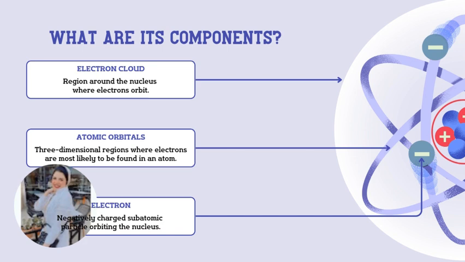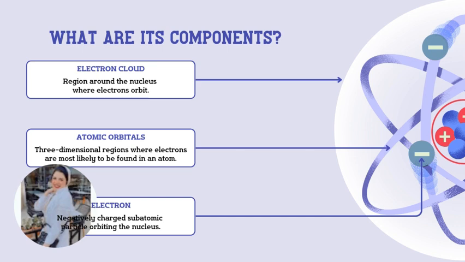Electrons have a negative charge, so you can imagine them like fast moving bees flying around a beehive. Even though they are so tiny, electrons are very important. They help atoms join together to make molecules, which we will discuss in the next slides.